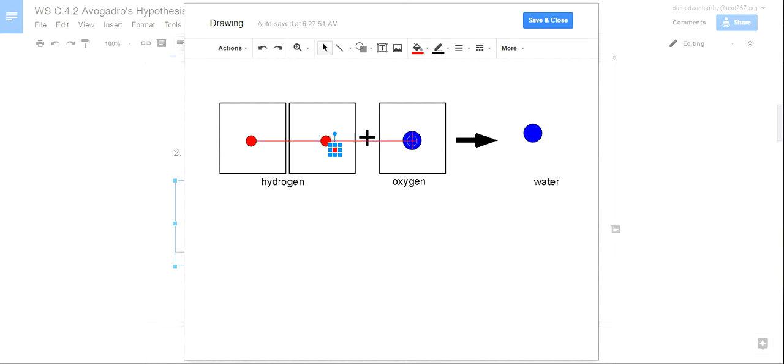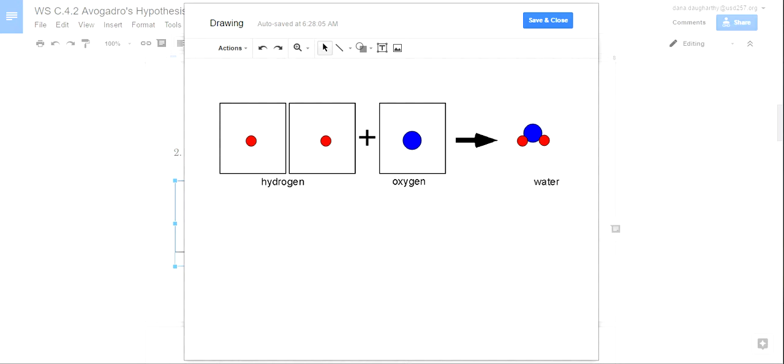The key thing is I need to combine these in a way that makes 1 compound, or excuse me, 1 particle. It's going to be pretty easy, and I'm going to make it the Mickey Mouse way, like so. So there's my water. So now I've got 1 volume of hydrogen reacting with 1 volume of hydrogen, reacting with 1 volume of oxygen to produce 1 volume of water.